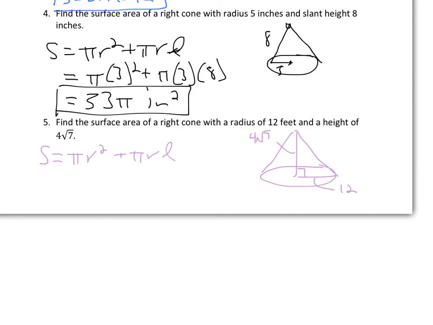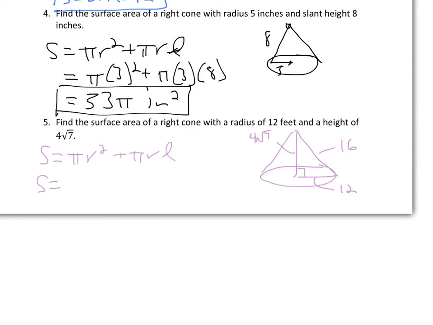So we just have to do 4√7 squared plus 12 squared. 4√7 squared is 112 plus 144 is 256. We're going to take the square root of that, and it's 16. So use the Pythagorean theorem to get this 16.